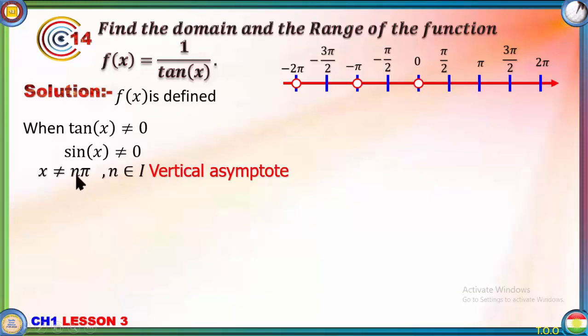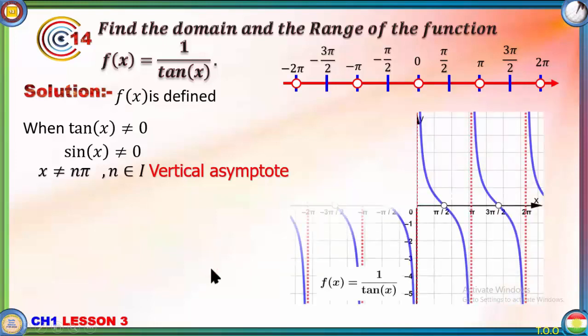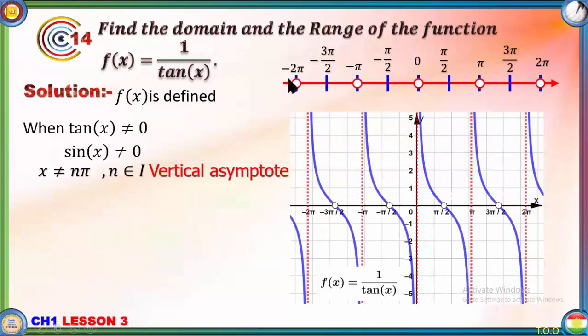When n is 1, x is not equal pi. Here is not defined. When n is 2, x is not equal to 2 pi. It is not defined. You can see that minus 2 pi, minus pi, 0, pi and 2 pi have a vertical asymptote.